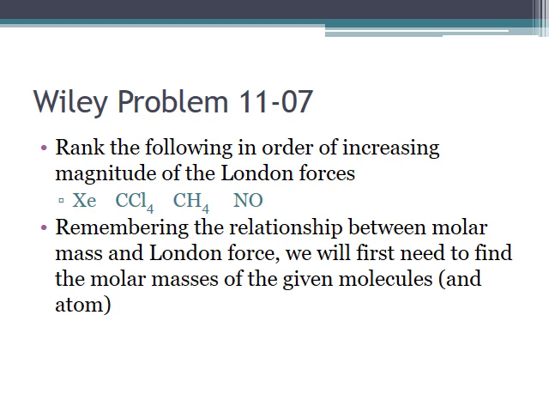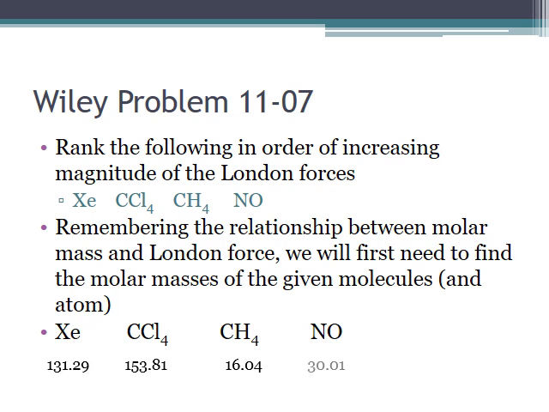Let's find the molar masses of all of these items. There's one atom and 3 molecules. Okay, xenon, I look at the periodic table, 131.29. I calculate the molar mass for all the rest, and there are my molar masses.